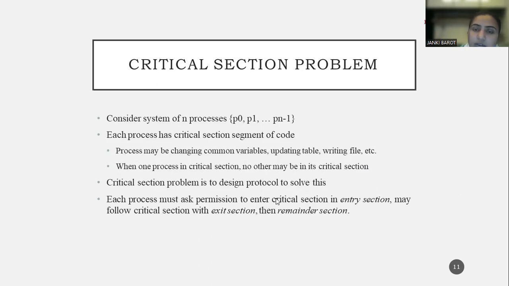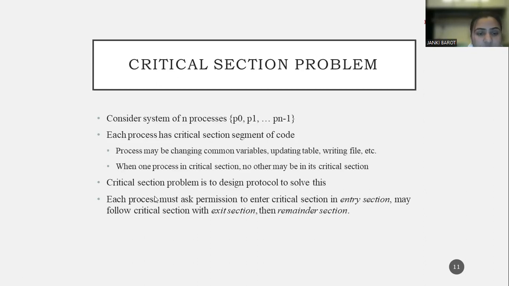Obviously, we are trying to solve the race condition caused by concurrency, and we have decided that there should be a critical section where we allow only one process to access a common variable, update the table, or write a particular file, and other processes need to wait for completion of the previous process.